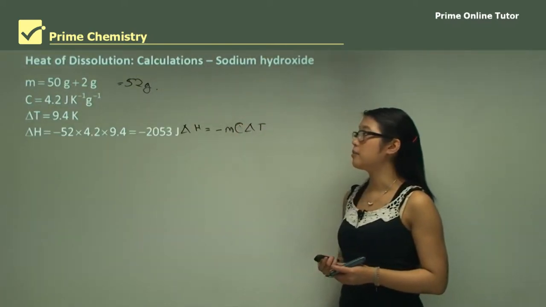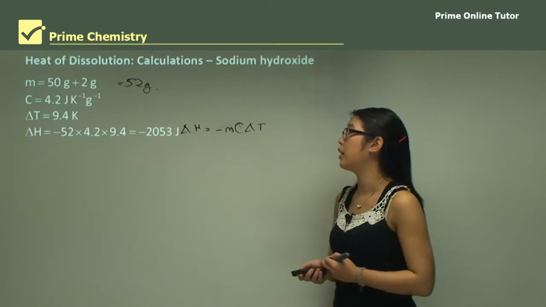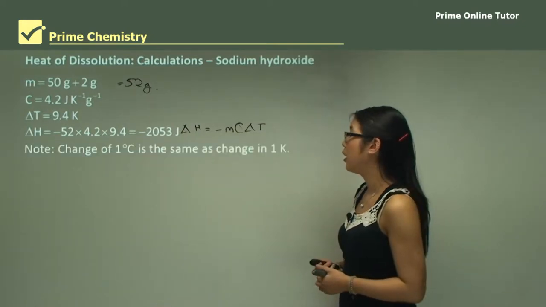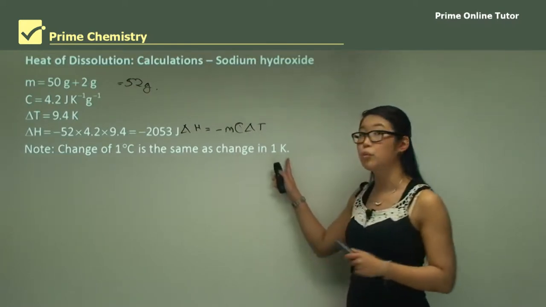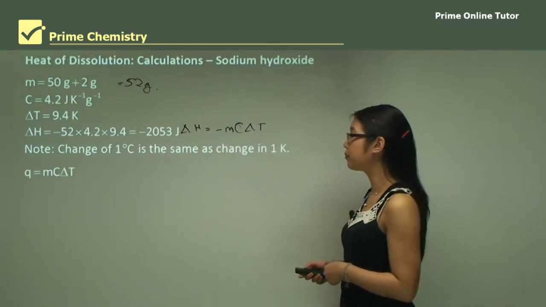And what you get is minus 2053 joules. Remember, a 1 degree change is equal to a change of 1 Kelvin.